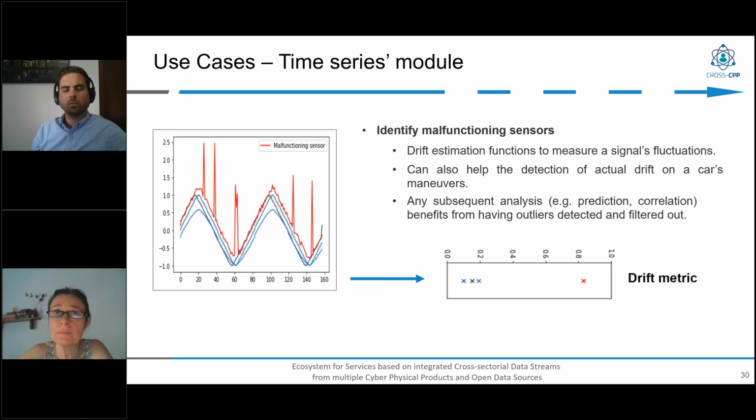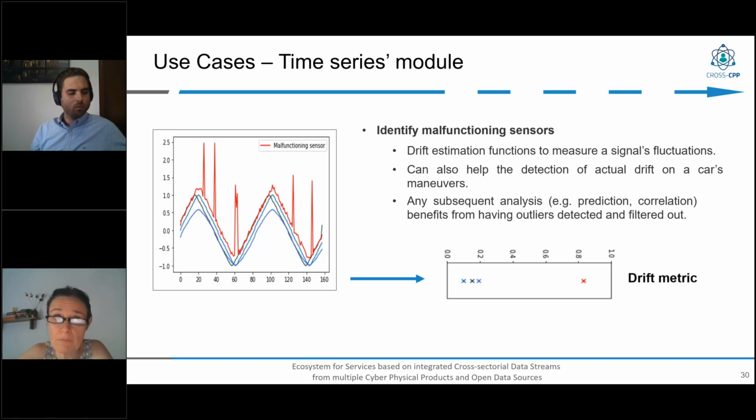Okay, this is very interesting because, for example, imagine that we have someone that wants to perform certain analytics on this data that we have in the data marketplace, but prior to making any analytics, maybe they will want to get rid of those signals that are going to be noisy signals. So this is a very interesting functionality, just to remove this noise.